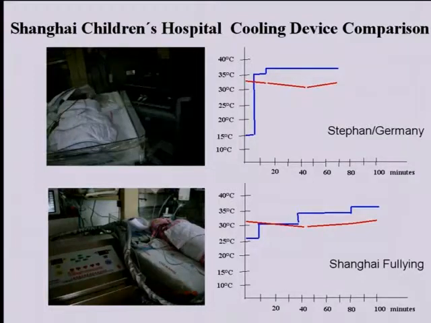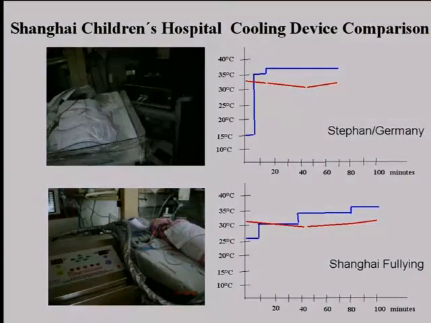And this is the warming up phase. The message of this picture is nurses with simple instructions can handle temperature control of the baby fairly well. So there's no excuse not to apply hypothermia to babies who have hypoxic ischemic encephalopathy.